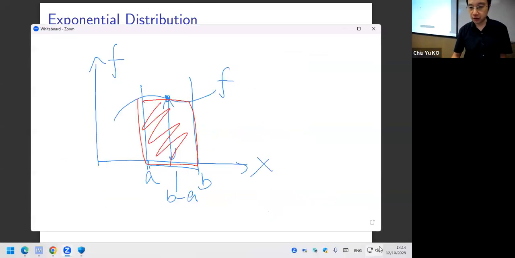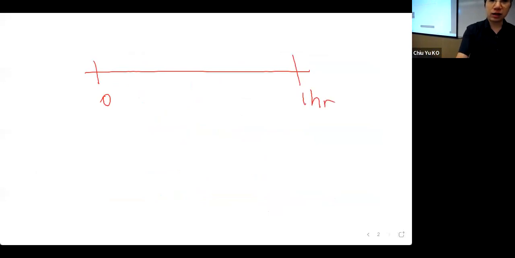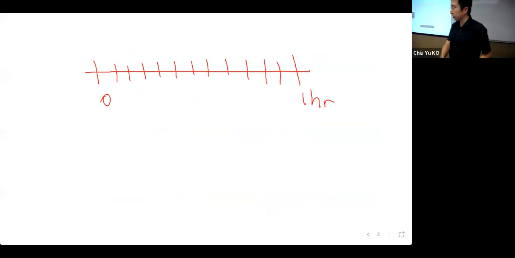Poisson is the following. I have a timeline, say from 0 to 1 hour. You can cut this into 60 minutes, and then cut each minute into 60 seconds, and so forth, very small. You have a lambda, which is on average how many people arrive in an hour.